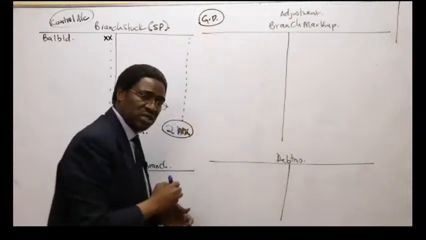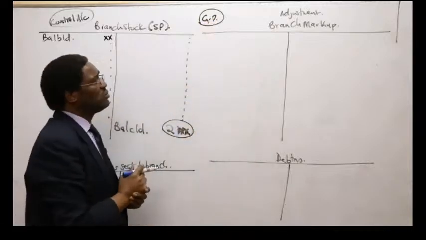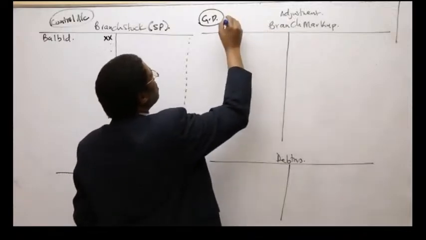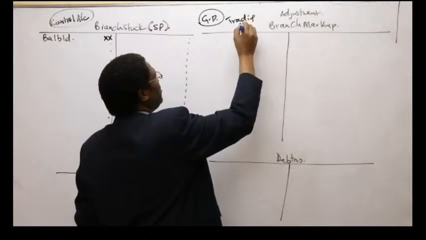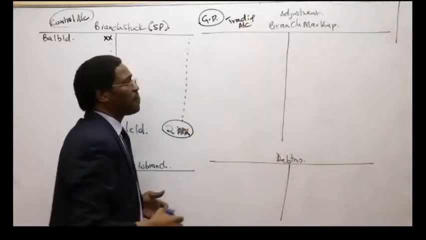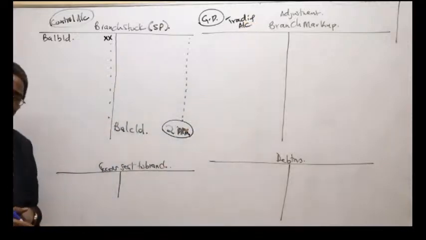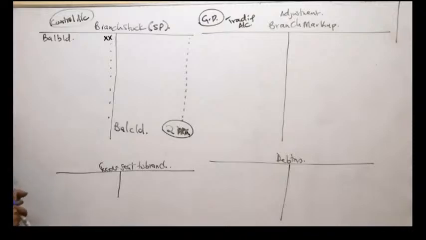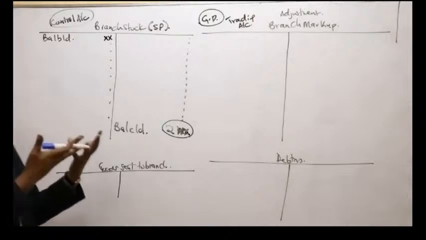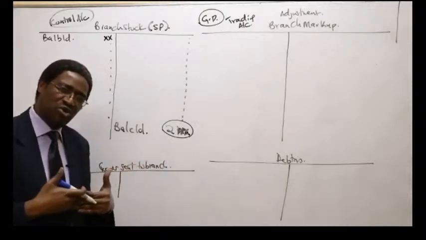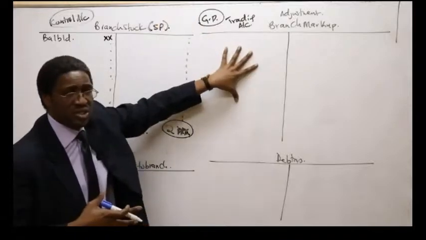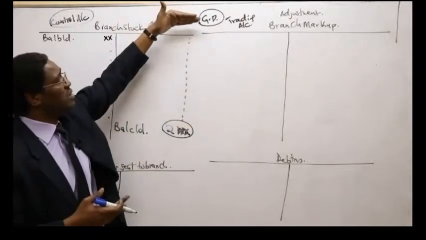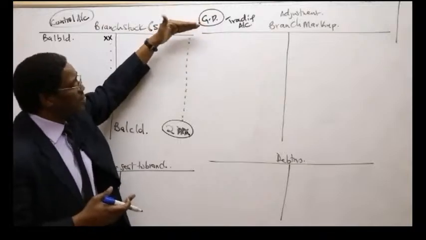In other words, we consider the branch markup effectively as a trading account. Of course, you know the purpose of a trading account is to determine the gross profit on trading. So every time I'm sending goods to my branch, it's like I'm trading with them, and I want to know how much profit I made.